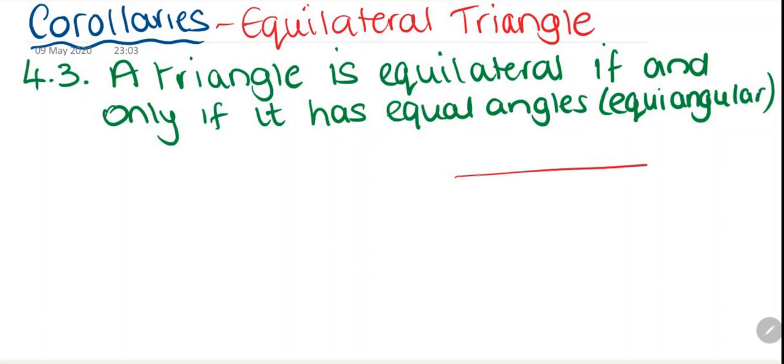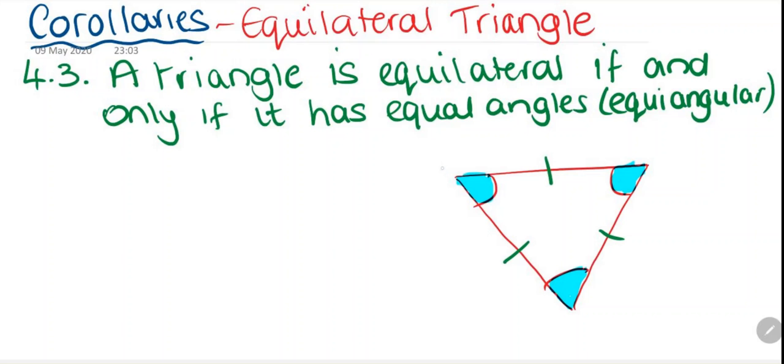So if we had our equilateral triangle, we have to have 3 equal angles to then say that we have 3 equal sides.